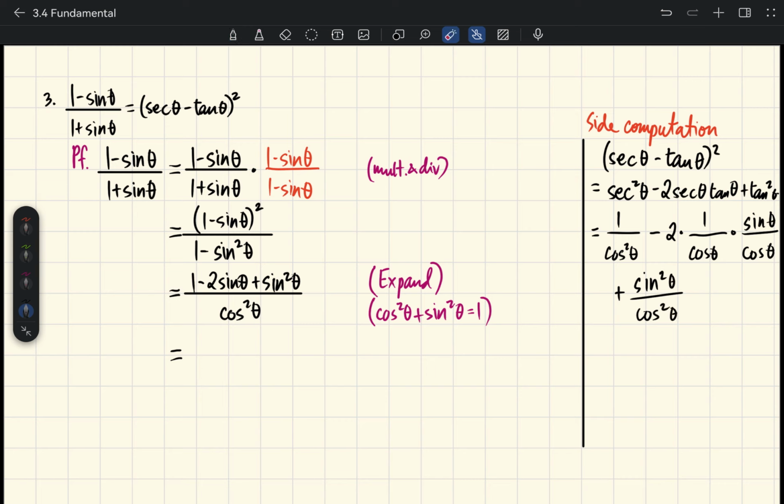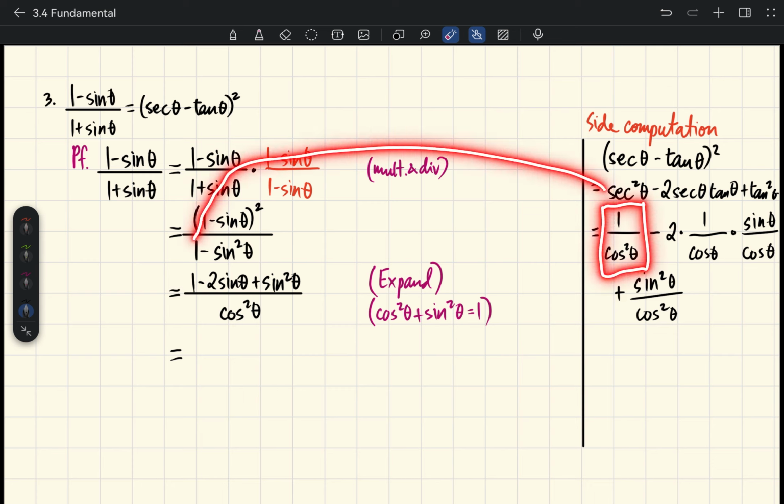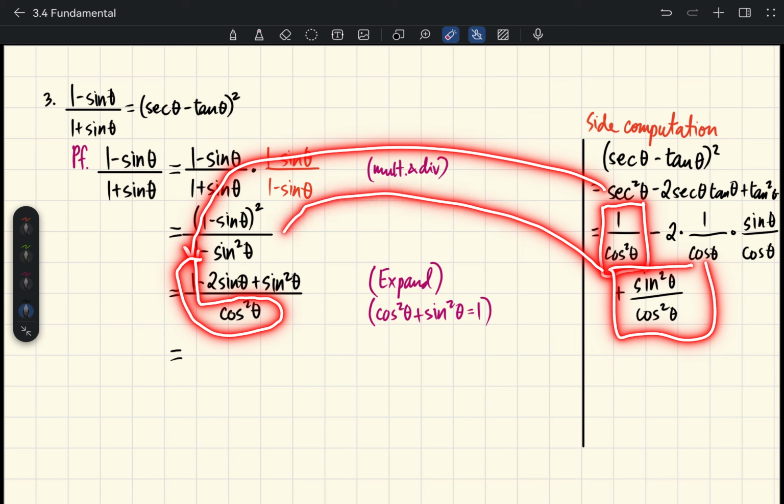And what do we see here? This one right here is this term right here. And this term right here is exactly this one. How about this term right here? 2 times 1 over cosine theta times sine over cosine theta.